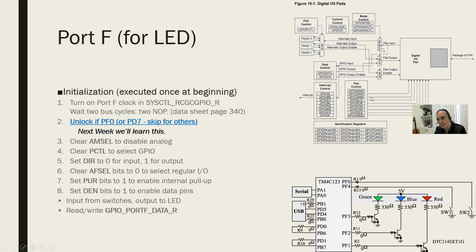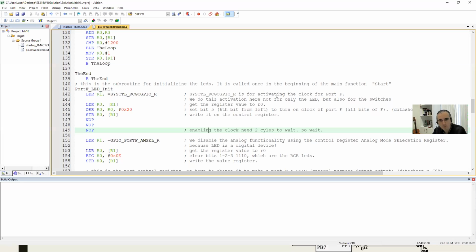But it's digital circuitry, and the guys who designed it realized that it needs 2 cycles to properly start working. That's why in your code, you put these no operations so that you wait for 2 cycles doing nothing.